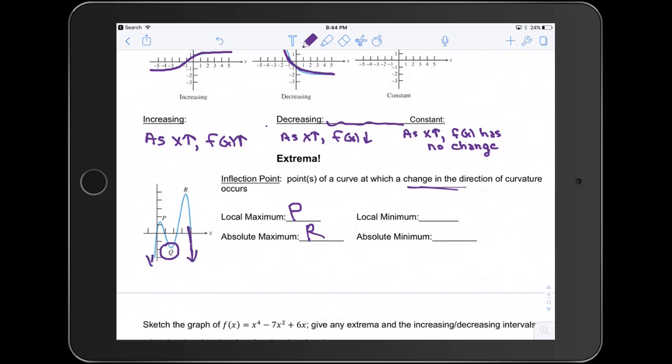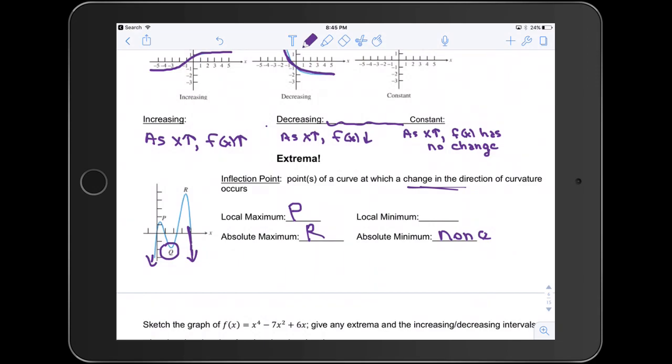So I'd be hard pressed for you to explain to me how there's an absolute min, because this graph continues to go down to either negative infinity, or maybe it comes back up at some point that we're just not seeing. So we don't know. As far as we know, there isn't one. So none. There is not an absolute minimum because it's a constantly decreasing graph. We don't know what's happening outside of what we see.